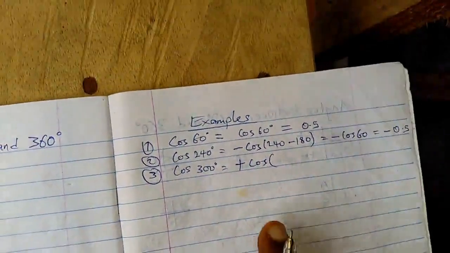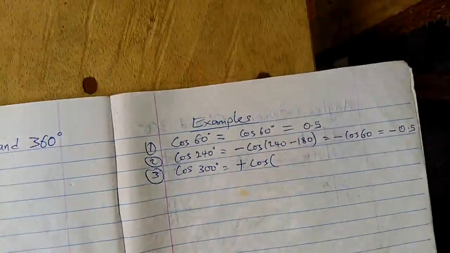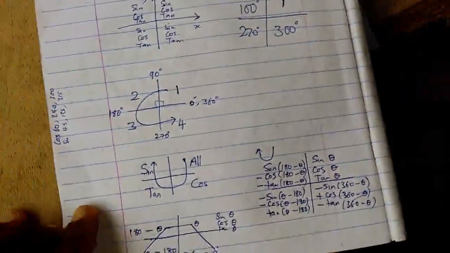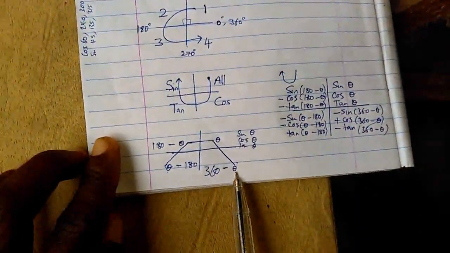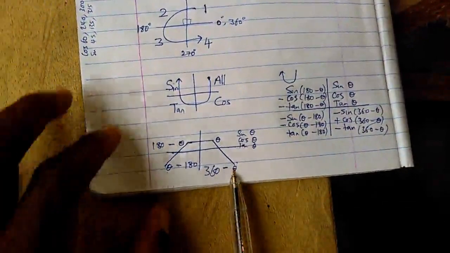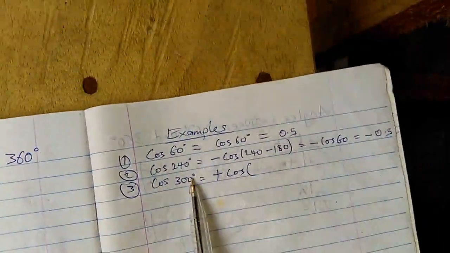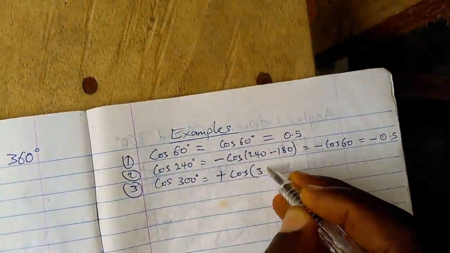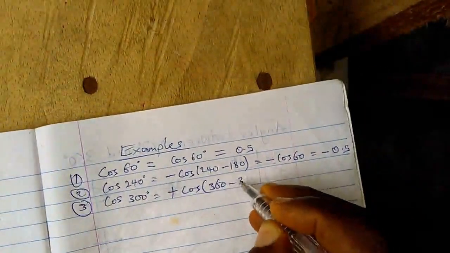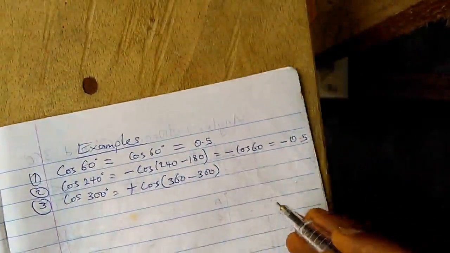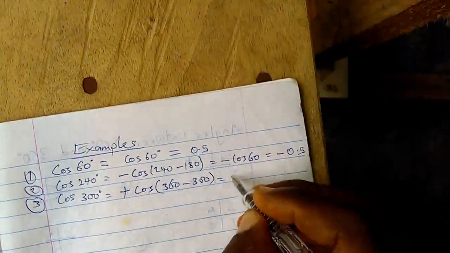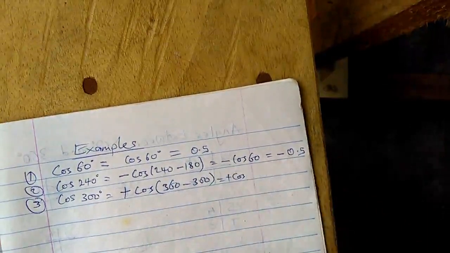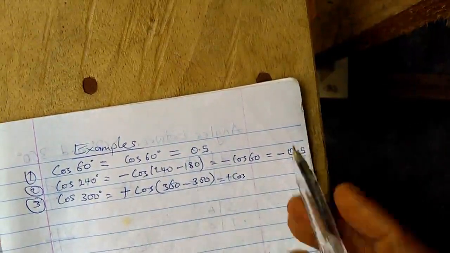Now, how do we undo the angle in the fourth quadrant? It's always 360 minus theta. And the theta given is 300. So it will be 360 minus 300. Then you have plus cos. So you still have plus cos. 360 minus 300 will give you 60.